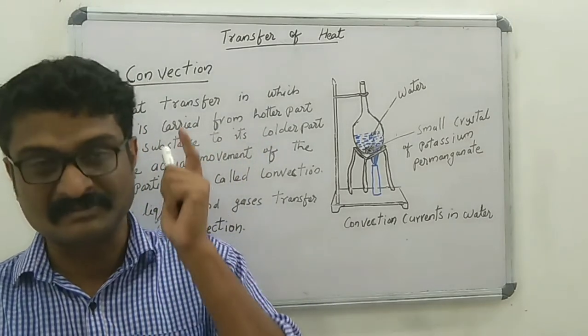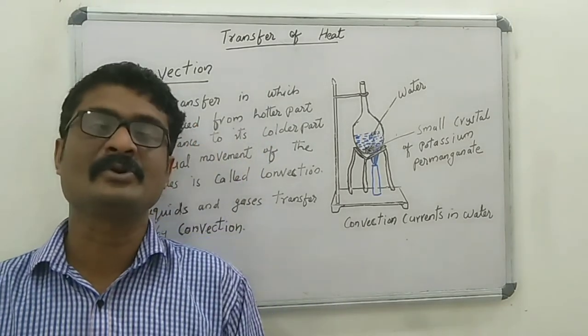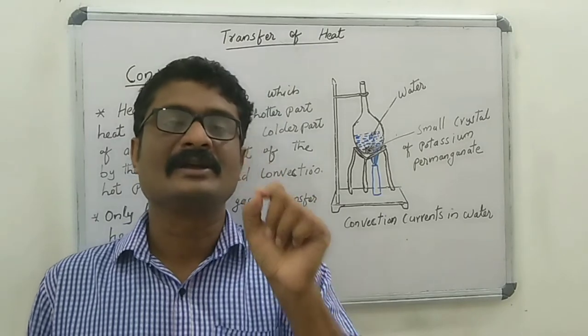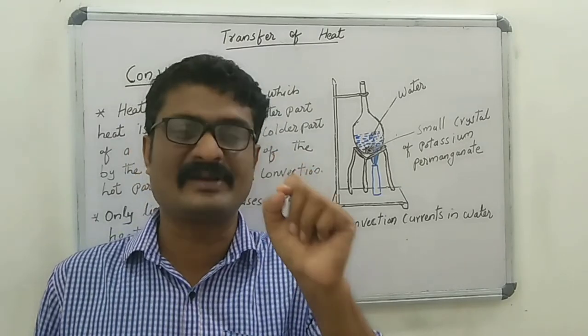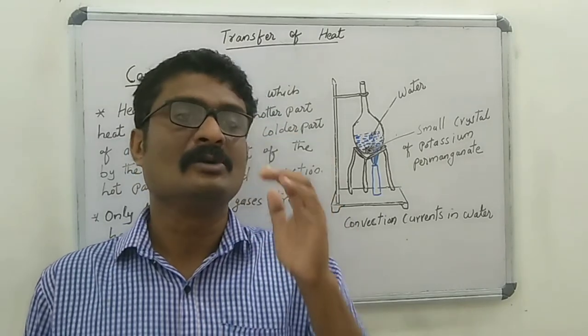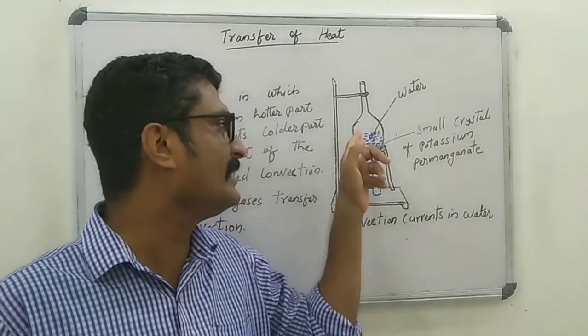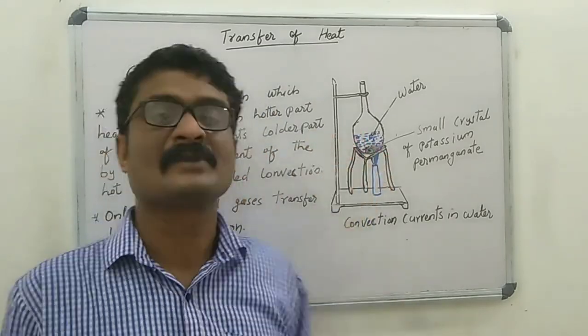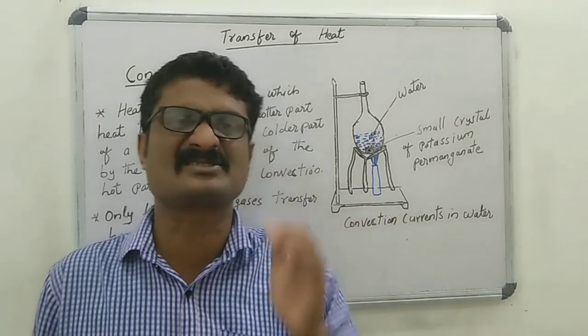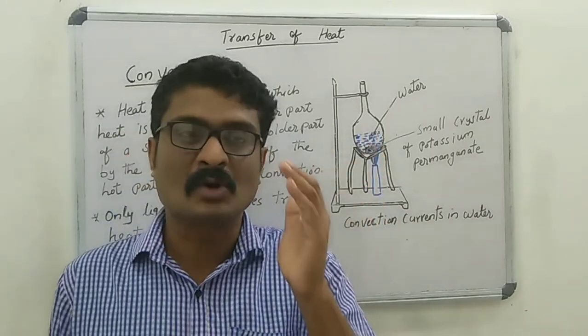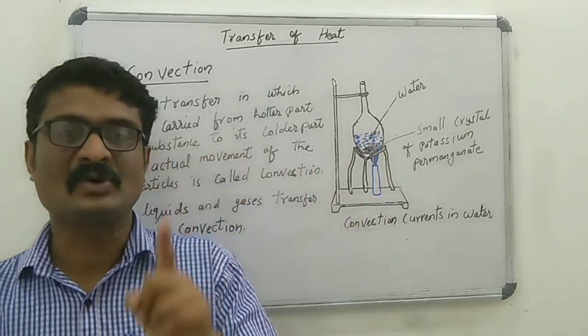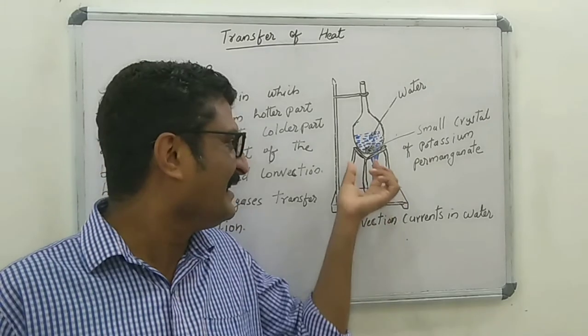This is the first step. You have to place a small crystal of potassium permanganate into the round bottom flask having cold water.